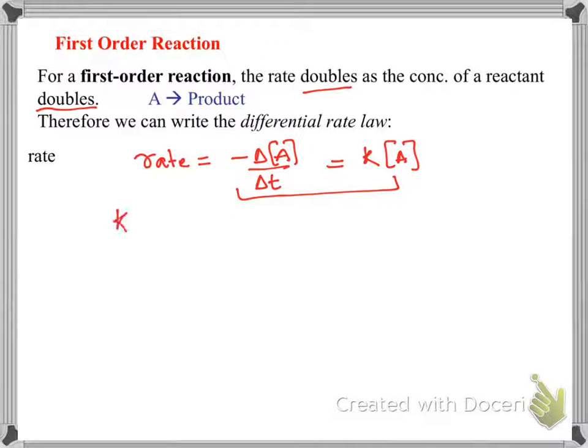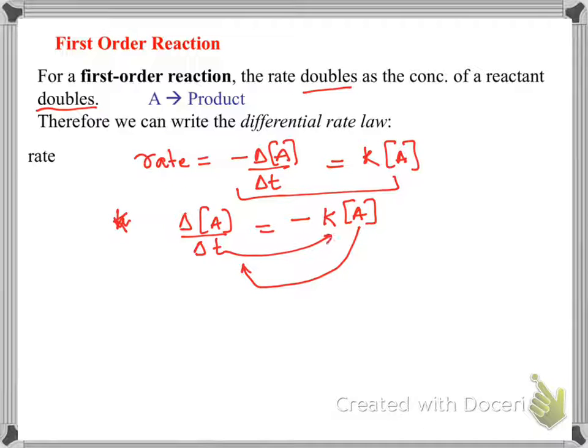Let's write it back as delta A over delta t, and I'm moving the negative sign to the other side. Then I bring this here and this on that side, which gives the change in concentration over the concentration of A equals negative k delta t.